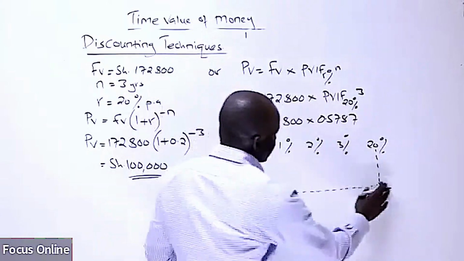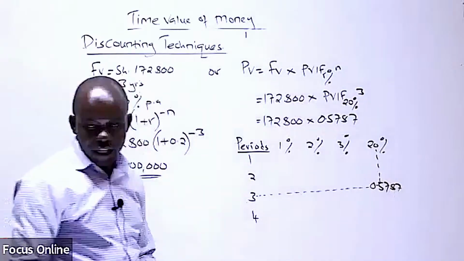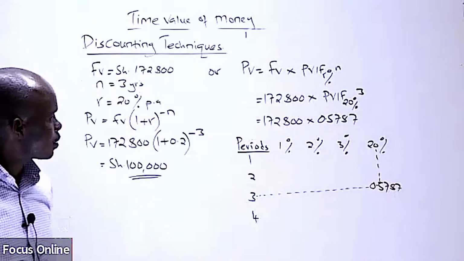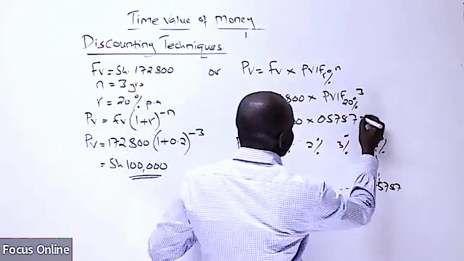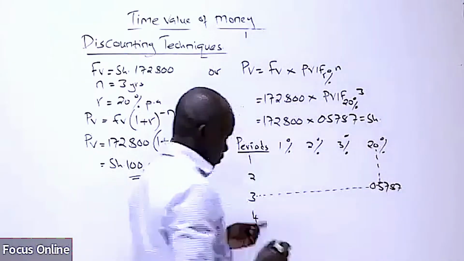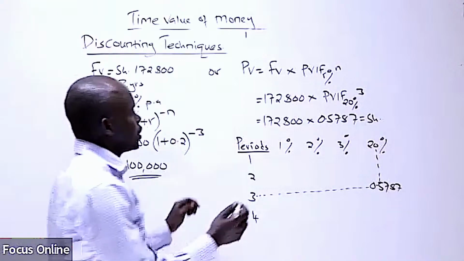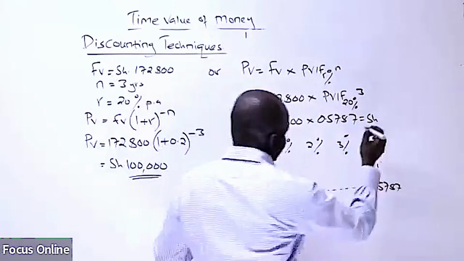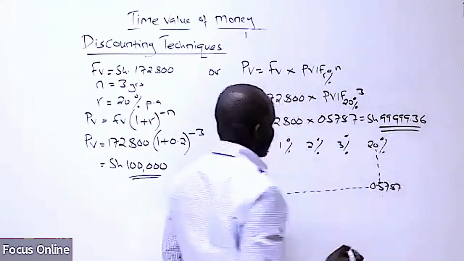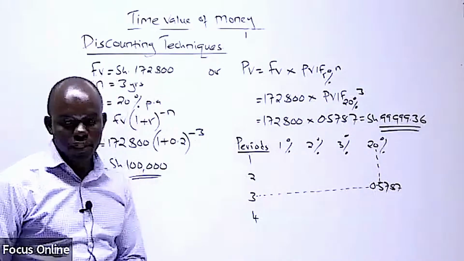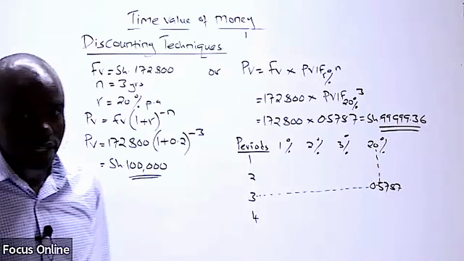Then you multiply this factor by the amount. How much are you getting? 99,936. That is just like 100,000. You can see these factors are rounded off to 4 decimal places, but that is what we are supposed to do.